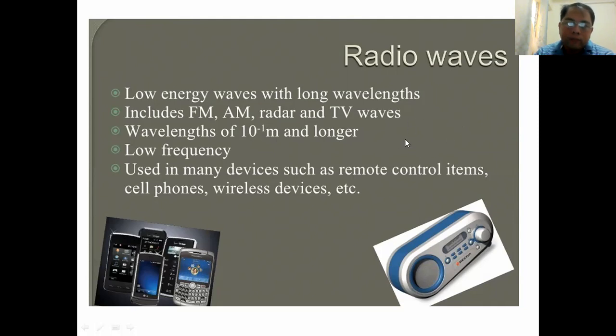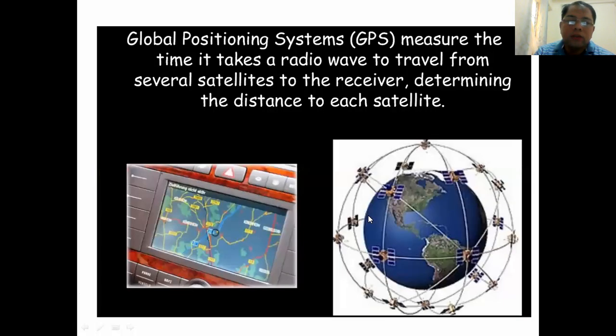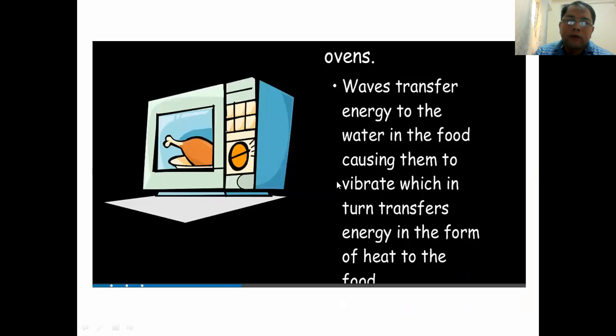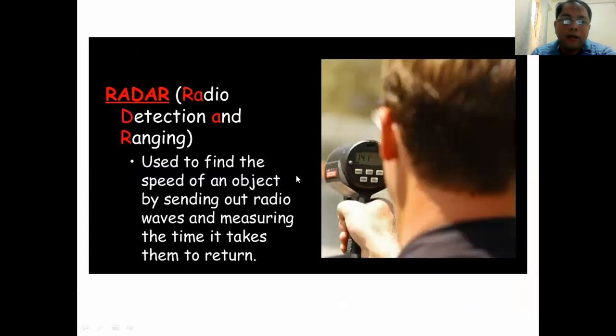So again, aside from using the radio waves in these mobile devices, we can also use it for GPS and even for our radar. Radar is used by policemen. You see that in some movies probably.